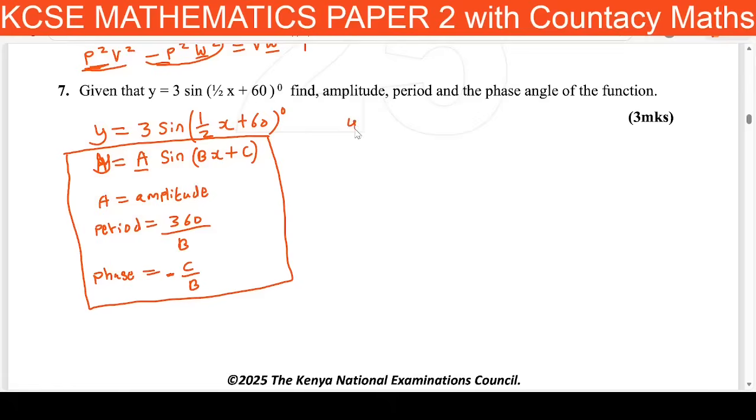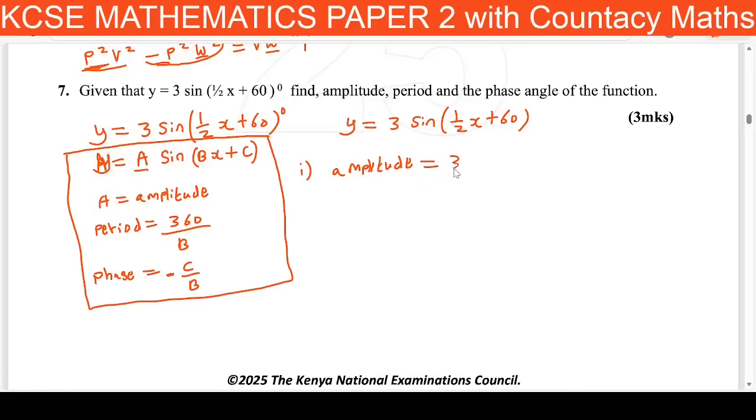But now let's get to our question. We have 3 sine (a half x plus 60). Let's apply this practically so that you can see how you are really supposed to apply it. We've said that the amplitude is equivalent to A, this part here, 3.